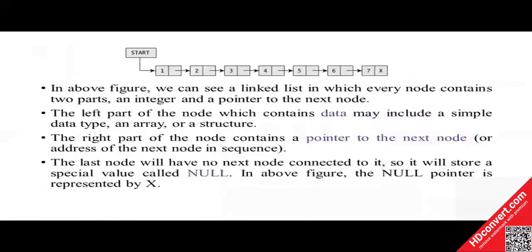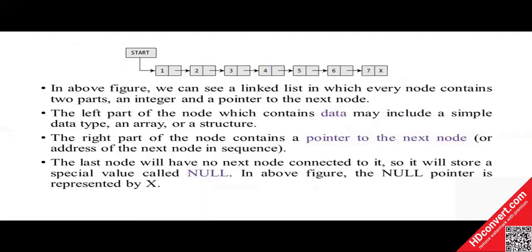How is the linked list represented? In a linked list, every node contains two parts, the left part and the right part. The left part contains the data and the right part contains a pointer to the next node.